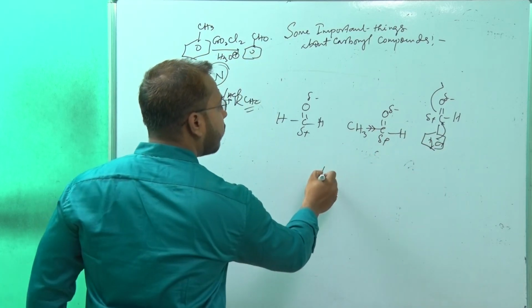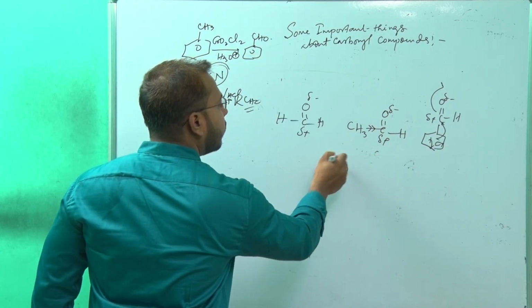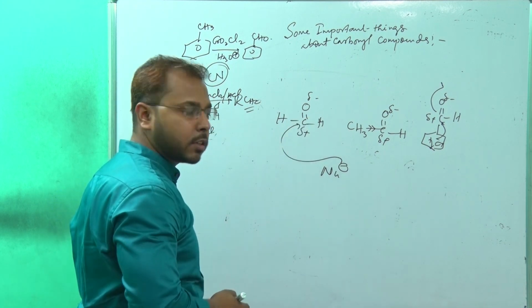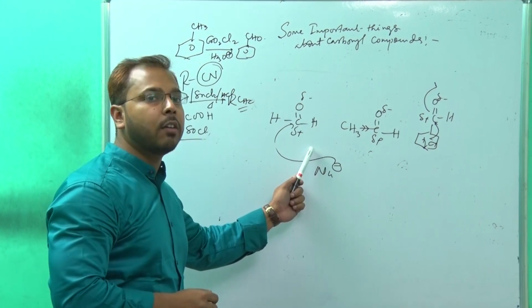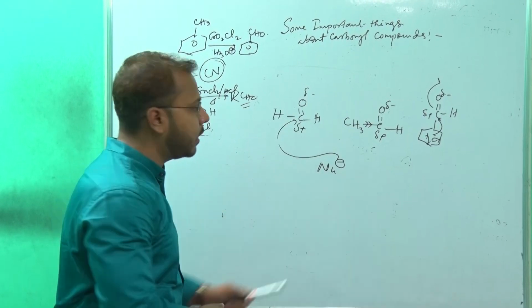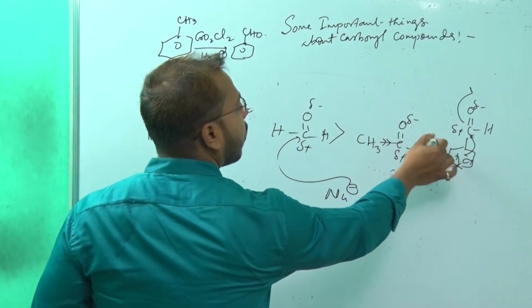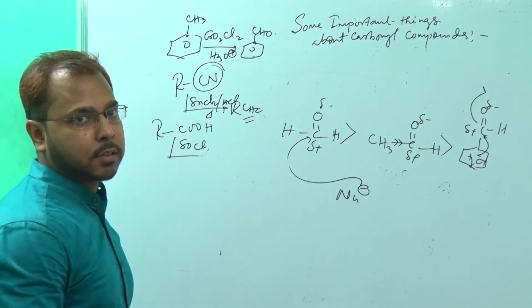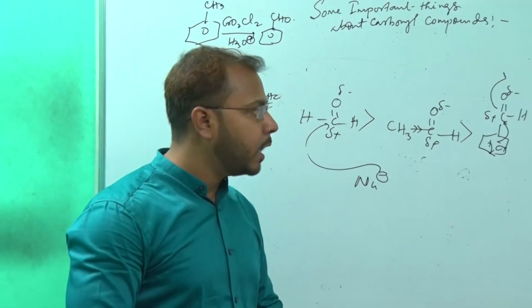So any nucleophile will attack this carbon first due to less steric hindrance and more positive charge availability. So the nucleophilic attack order will be like this. This is a very important concept.